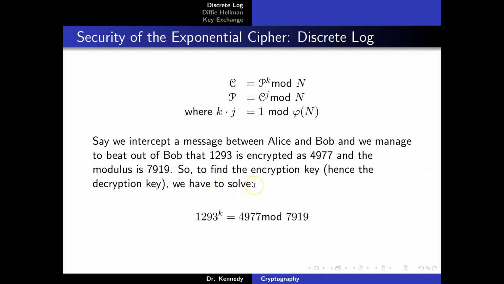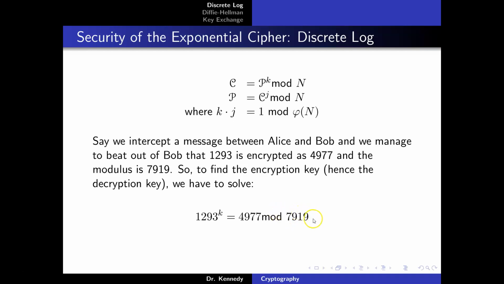Okay, so to find the encryption key, once we find the encryption key, we can find the decryption key, we would need to solve this equation: 1293 to the k is equal to 4,977 mod 7919. In standard arithmetic, we would use logs, and it would be easy. It would take you all of a minute at most to figure out what k is.